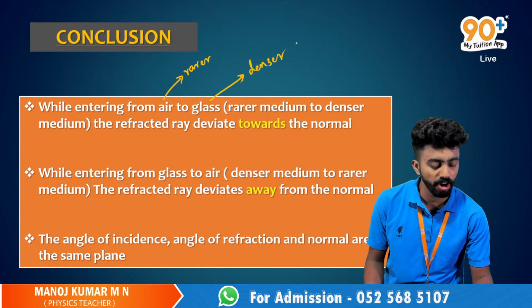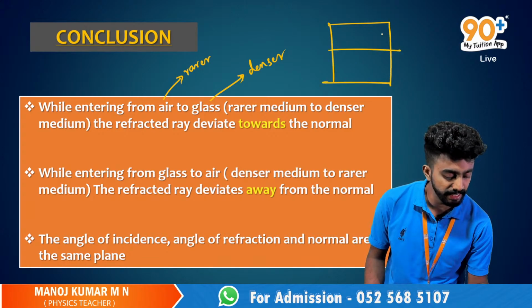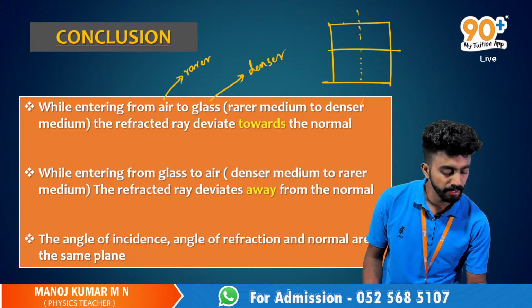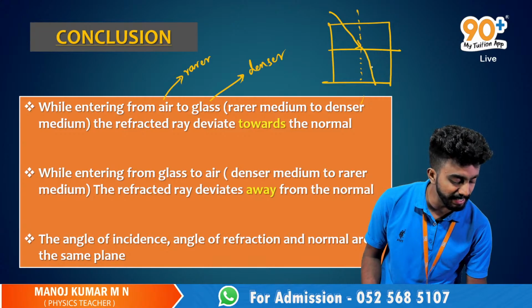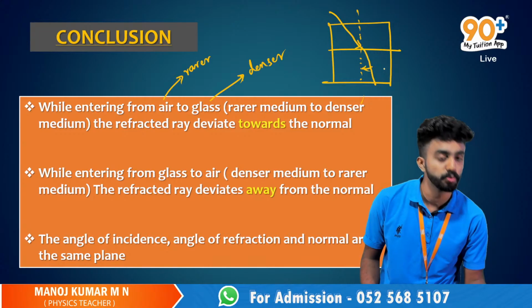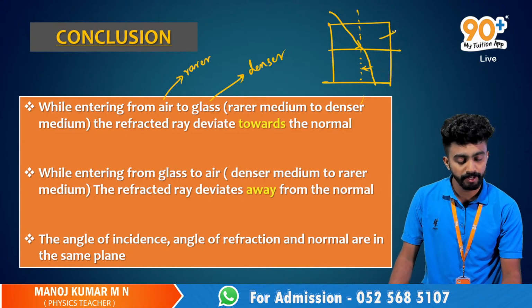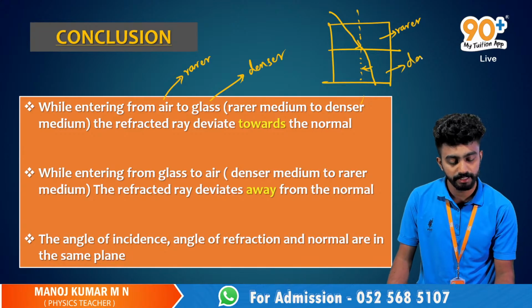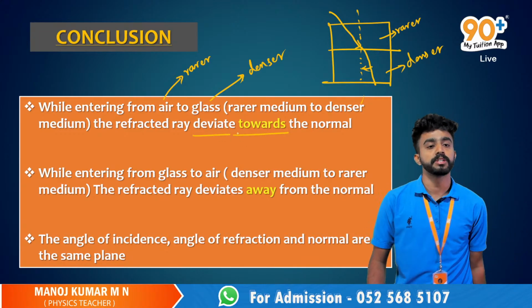So when a ray of light goes from rarer to denser, what happens? The ray of light will have a tendency to bend towards the normal. So the ray will deviate towards the normal.